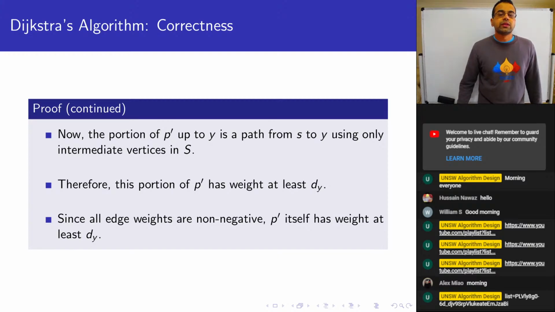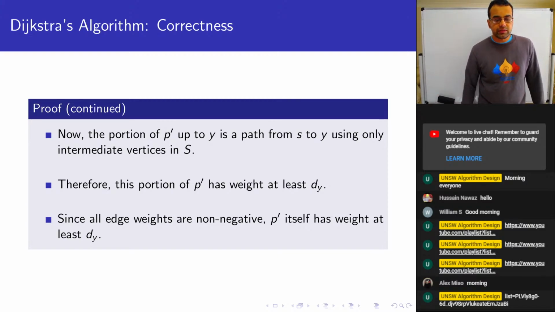Yeah, it's not necessarily strictly greater than d sub y. All of those subsequent edges might have weight 0, but certainly it's at least d sub y. So we have a top route with path weight d sub v, and a bottom route with path length at least d sub y.